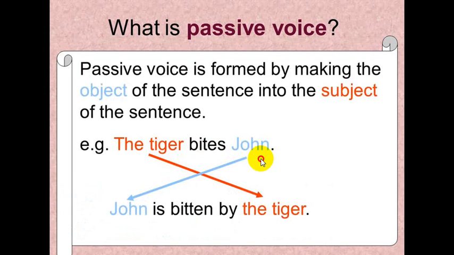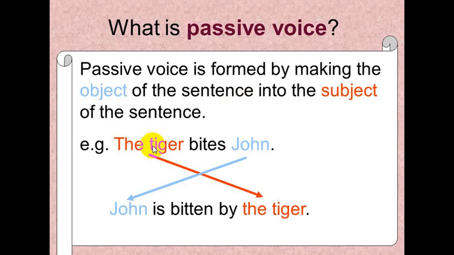Now, what is the passive voice? Passive voice is formed by making the object of the sentence into the subject of the sentence. Let us look at the example. The tiger bites John. The tiger is the subject, the one which is doing the action.